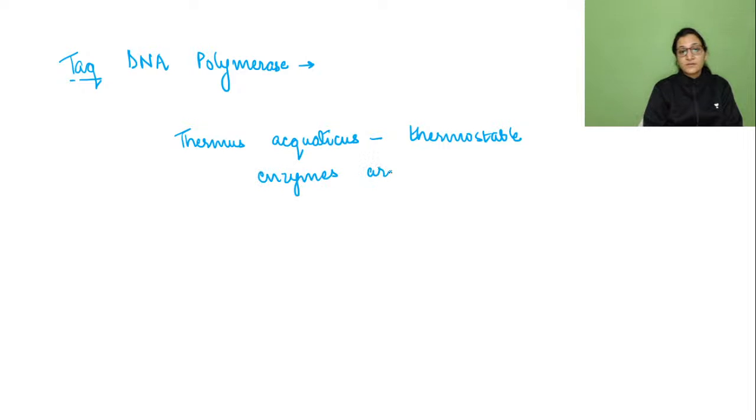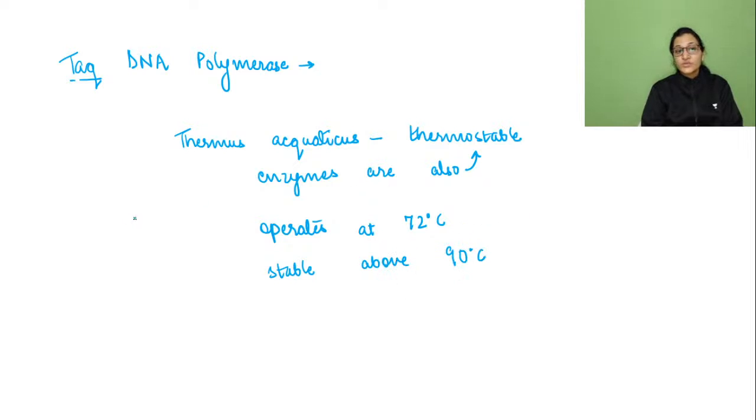It operates at 72 degrees Celsius, and it is stable even above 90 degrees Celsius. So this Taq DNA polymerase is used in PCR.